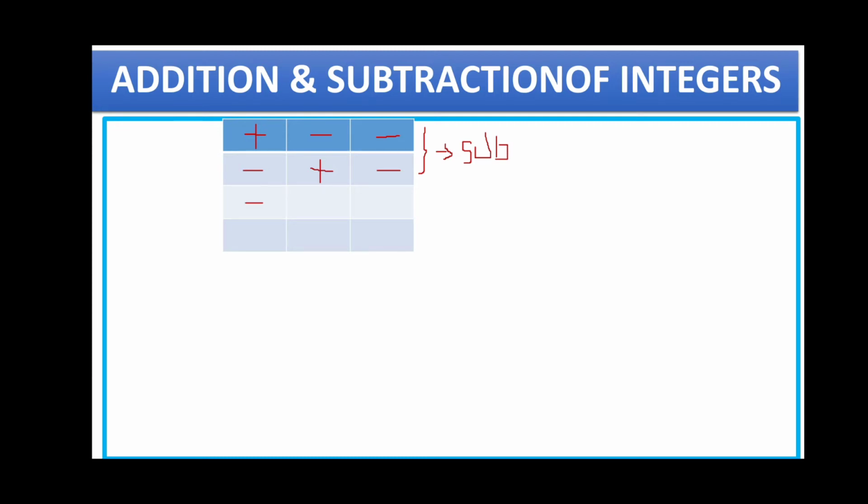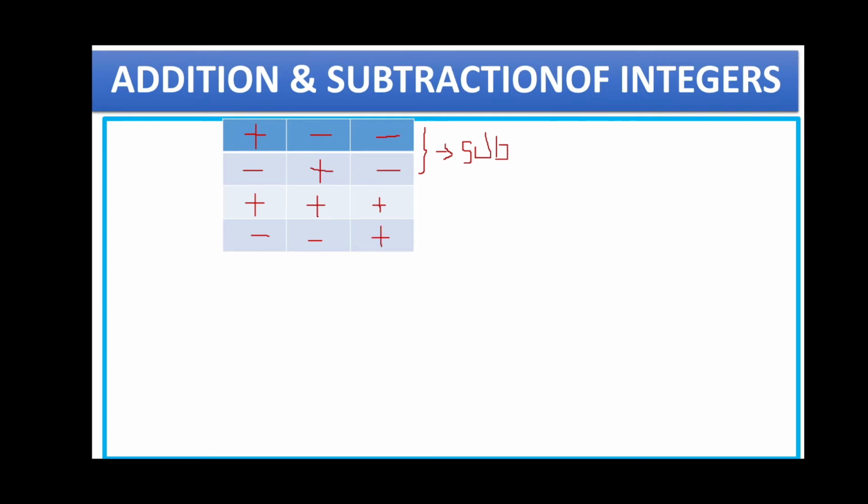Now let us see, if the integers have the same signs, that is plus plus, we have to do addition. If the integers have both minus signs, we have to do addition.